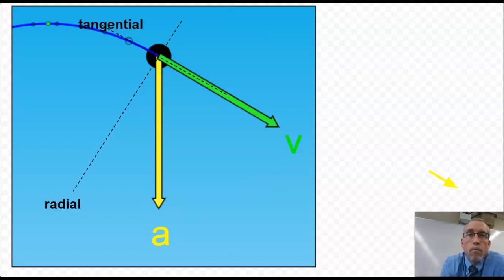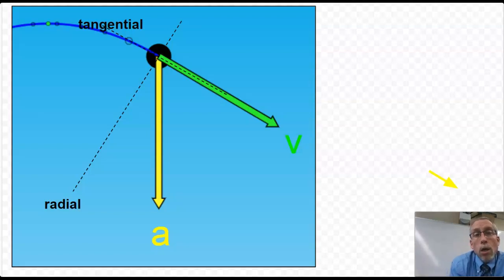Okay, here's an important part. I want to introduce to you the two names that we give to these components, because we cannot call them x and y. We can't call them parallel and perpendicular like an inclined plane. We can't call them vertical and horizontal. So we have two other terms that we use.